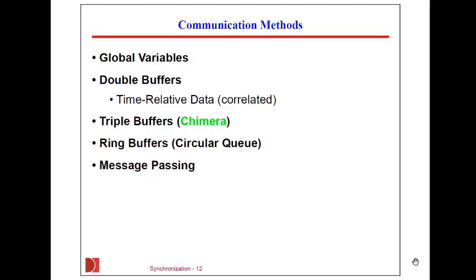A double buffer is just a pair of buffers, and you talk to it as a single one, and it allows one task to be filling one of the buffers while a different task is draining the opposite buffer. And so a double buffer is a good scheme when you have to have time correlated data.